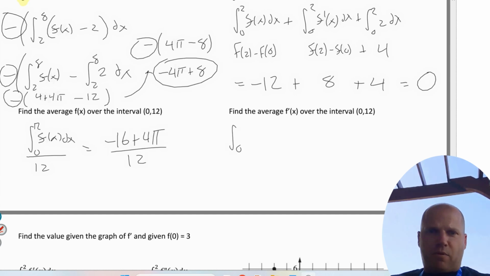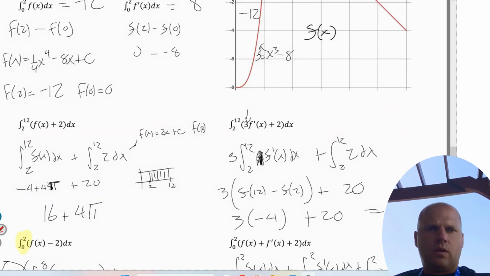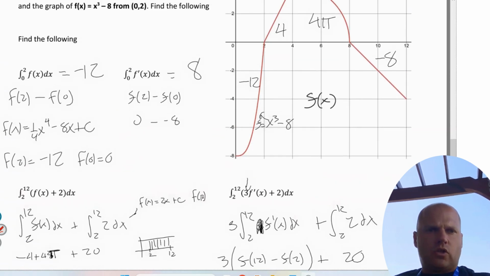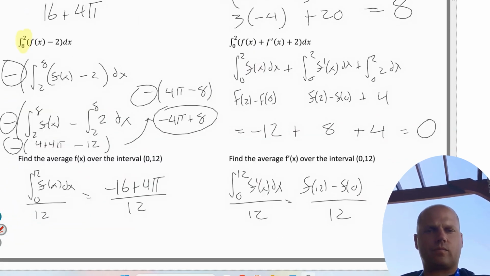Then, if I want the average F prime, I'm going to add up all my F primes, divide over my interval, and I know that's going to be F of 12 minus F of 0 over 12. So F of 12 is negative 4, F of 0 is negative 8, so that's a plus 4 over 12.